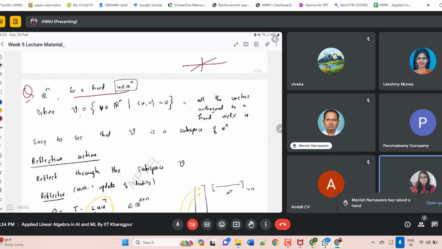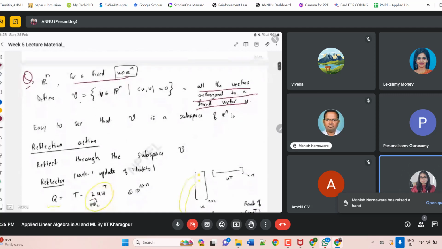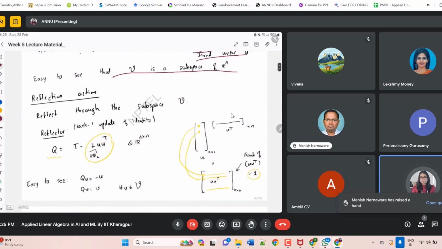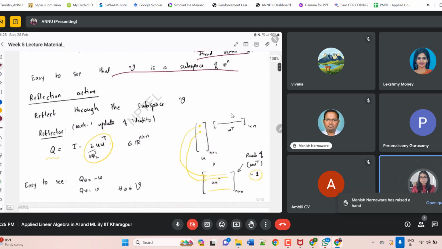So V is all the vectors orthogonal to a fixed vector U. It is easy to see that V is a subspace of Rn. Now the reflection action: it reflects through the subspace V, so you are reflecting with respect to the subspace V.